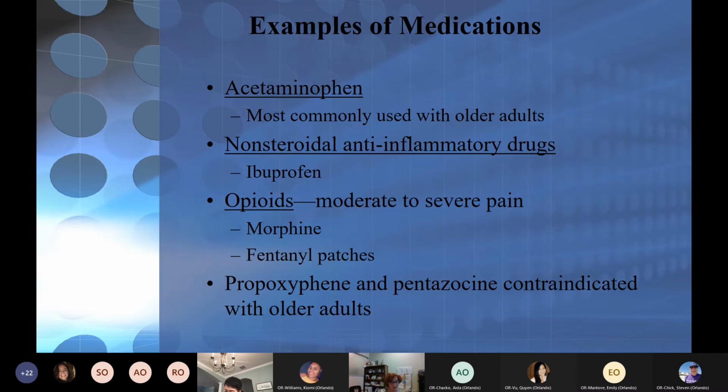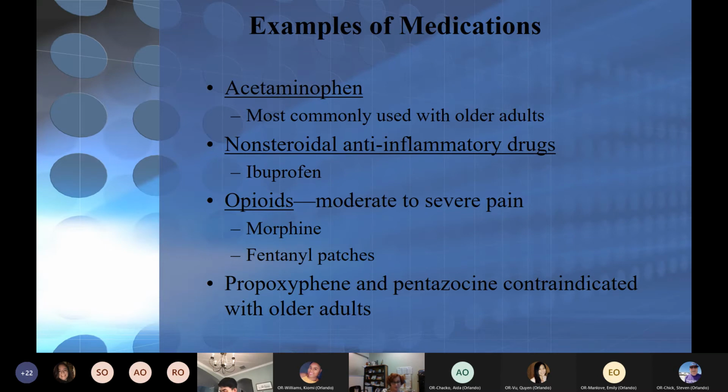With the NSAIDs, just remember that 3 things happen. First of all, it inhibits platelet aggregation. That's one reason they recommend that if a patient's going to surgery, they're not to be taking an NSAID for at least several days, particularly before elective surgery, because it would inhibit the clotting process. And we also want to be watching for any signs of potential bleeding, like easy bruising, or any type of GI bleed as well.